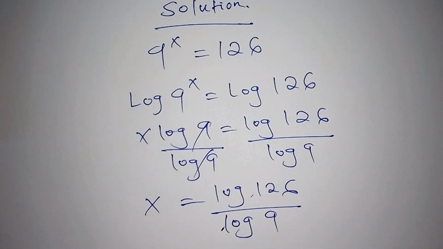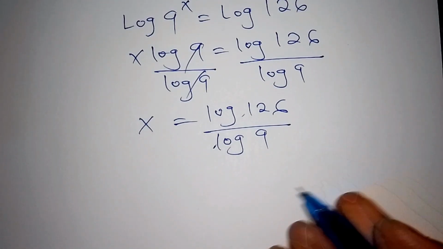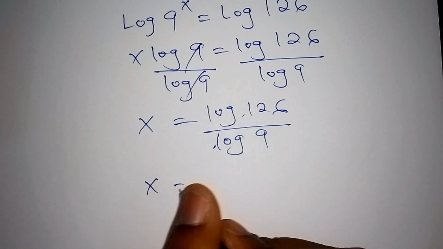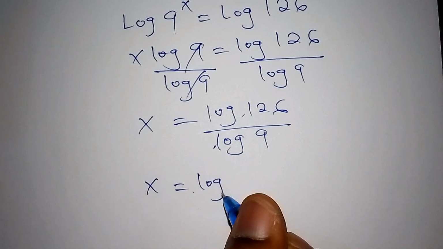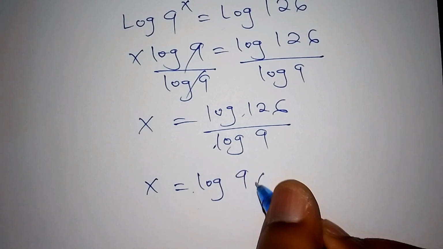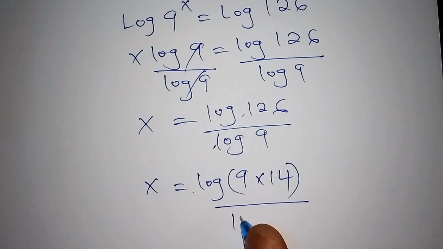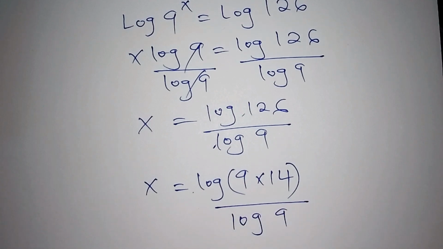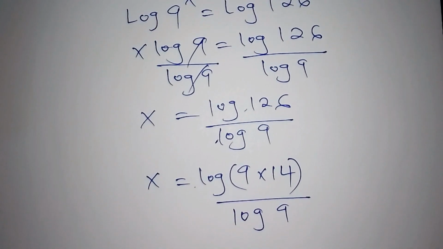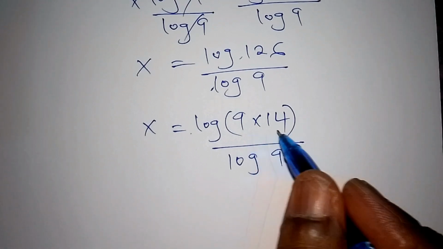Now we move to the next step, where we factorize the log of 126. We don't stop at this end. Now x is equal to, the log of 126 can also be written as the log of 9 multiplied by 14 all over the log of 9. Following the laws of logarithms, let's split the upper part.